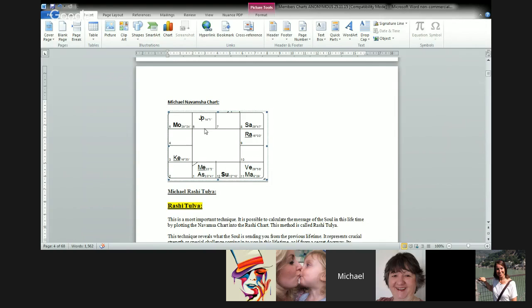Jupiter is important to consider in anybody's Navamsha chart. My Jupiter is in the 6th house Sagittarius in my birth chart, and it's in the 6th house Aries in my Navamsha chart. Jupiter in the 6th house is not a good house, it's Dushtana, but it's also Upachaya.